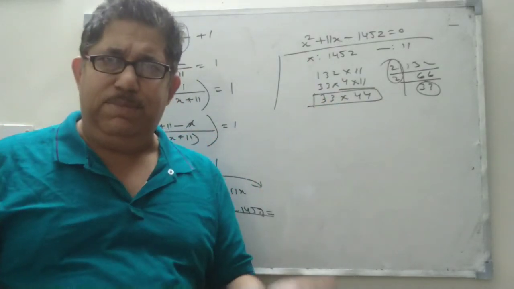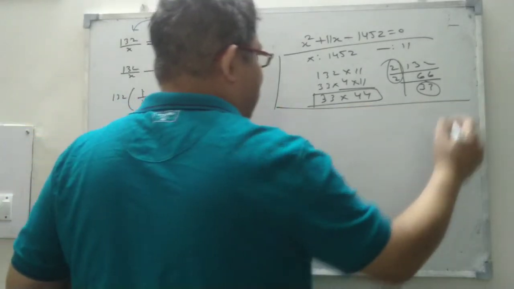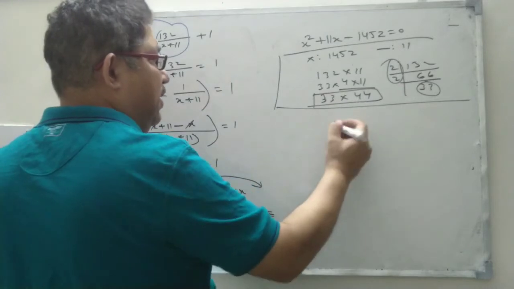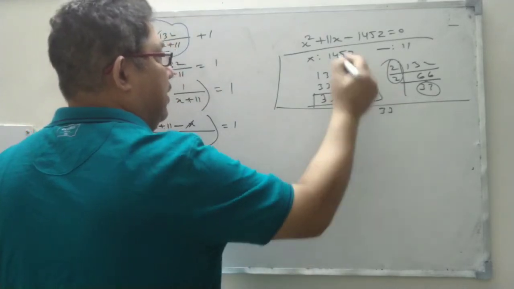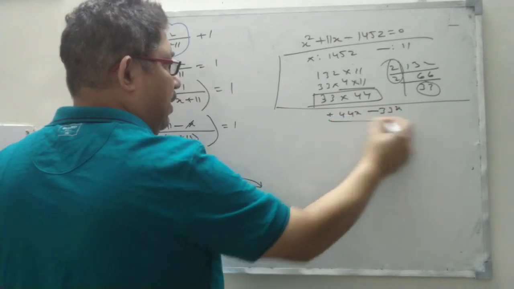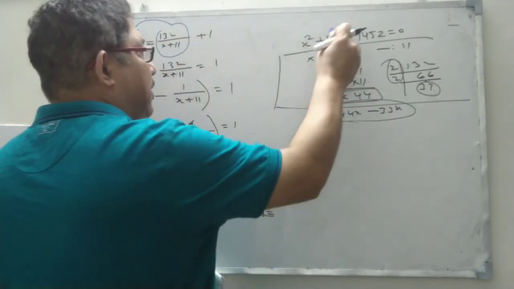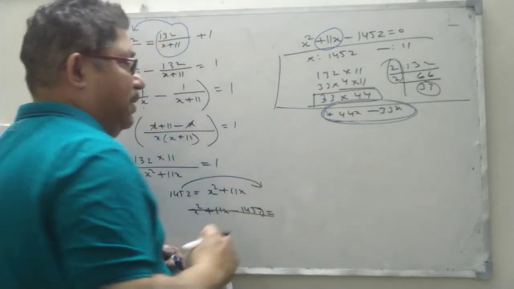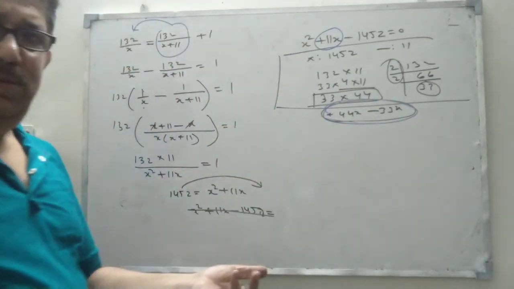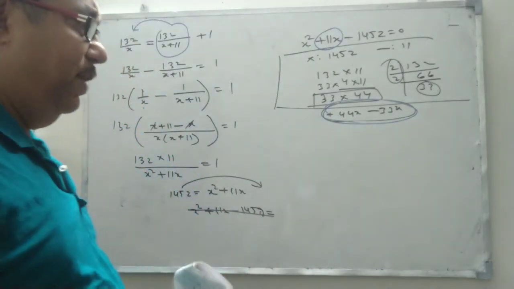Some tricks will work, sometimes tricks will not work. You'll have to go back and again start working on it. So 33 and 44, the difference is 11. We definitely need the difference as plus 11, so obviously this thing will become like this. This is the breakup I will get. You can see how I worked it out. You can work out any way you like, but this was quite easy.